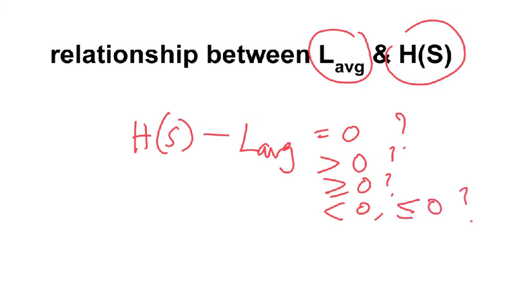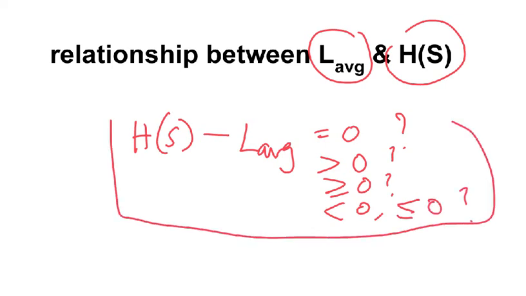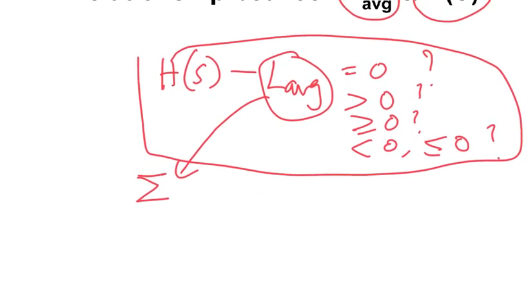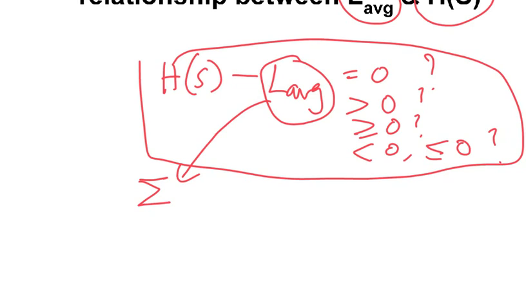Now L average, what is it? We have seen that it is equal to the summation of the probability of using a particular code times the length of that code. And H(S), what is H(S)?